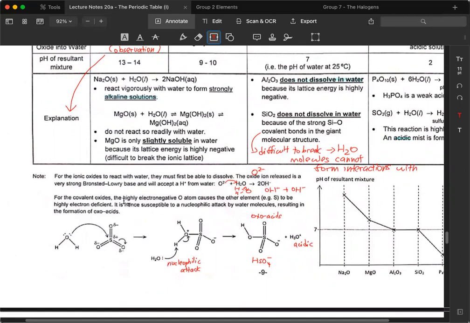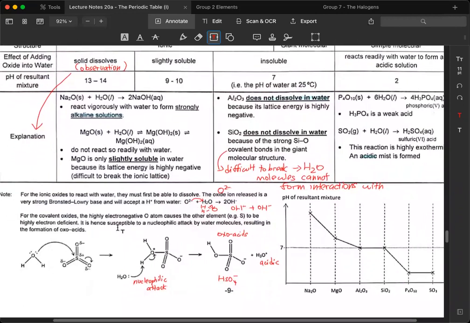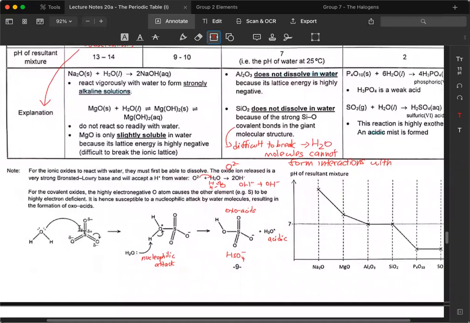For the covalent oxide, the highly electronegative O atom will cause the other element to be highly electron deficient. So sulfur becomes partial positive and susceptible to nucleophilic attack. So the water molecule is able to attack the positive sulfur to form your oxo acid.